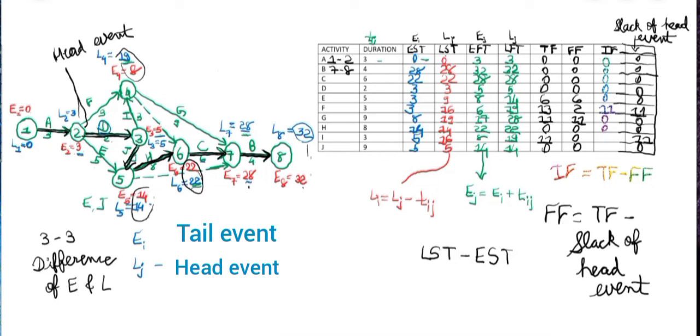And if in question it is asked to find the independent float, then you can simply use this formula, free float minus slack of tail event. So this is how we can create the network diagram, find EST, EFT, LST, LFT, total float, free float, interfering float, and also I told you the formula that you can use to find the independent float.